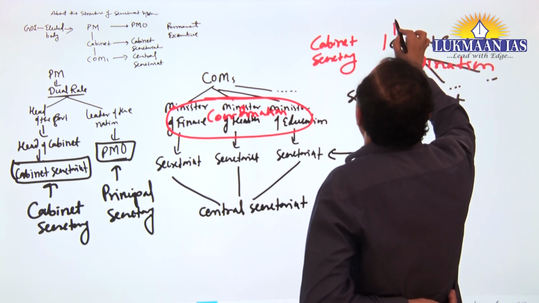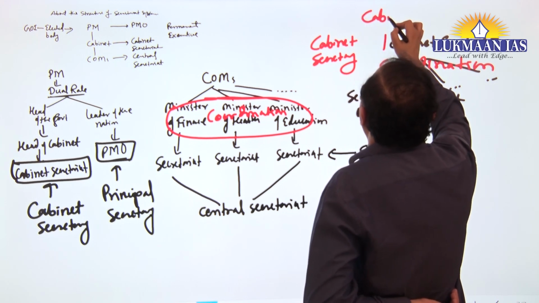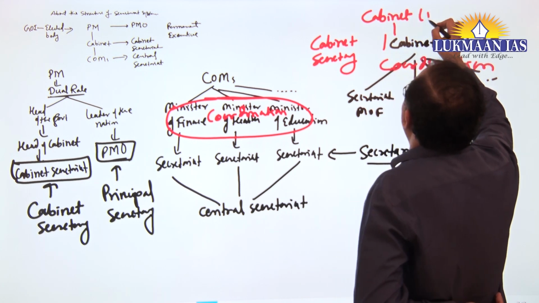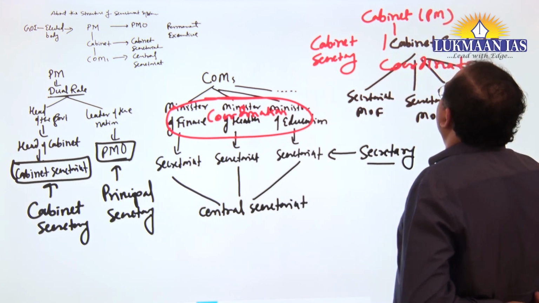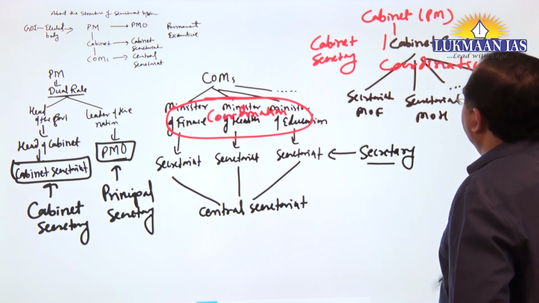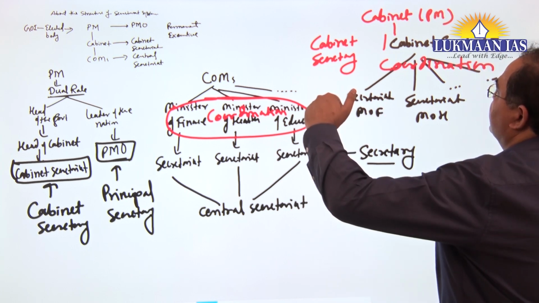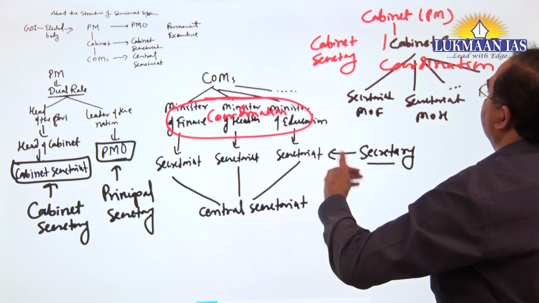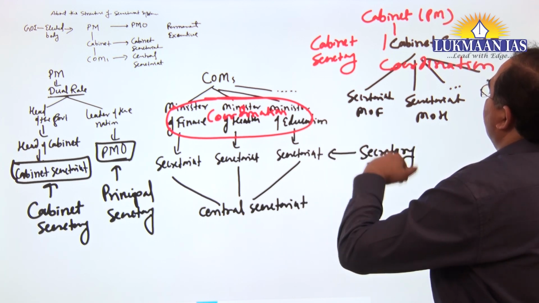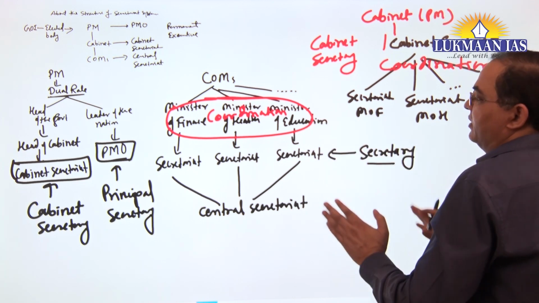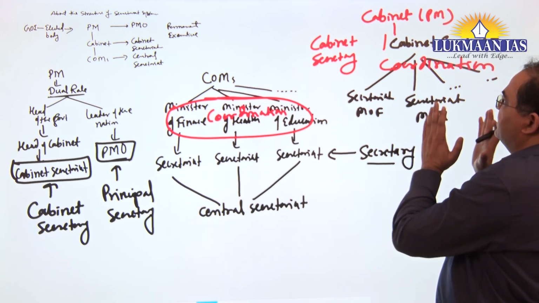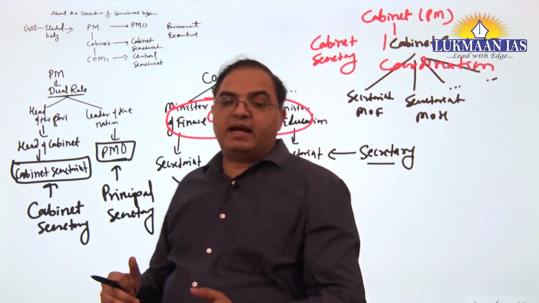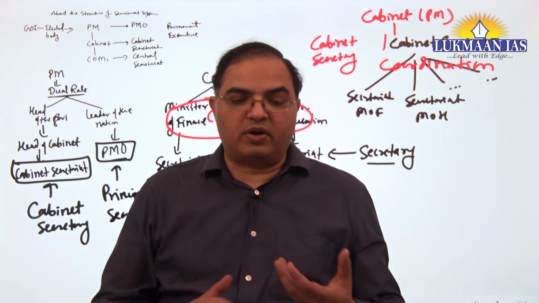And this is how the Cabinet is the apex decision making body headed by the PM. And that is the hierarchy. The Cabinet Secretary is the senior most, followed by Secretary, and the Cabinet Secretariat is superior to the Secretariat. The PMO does not come under this hierarchy. It is a separate hierarchy which has been created, and it should generally remain a small office.